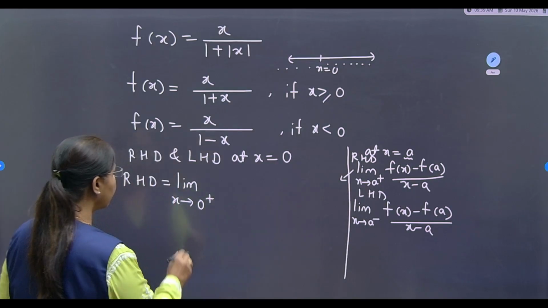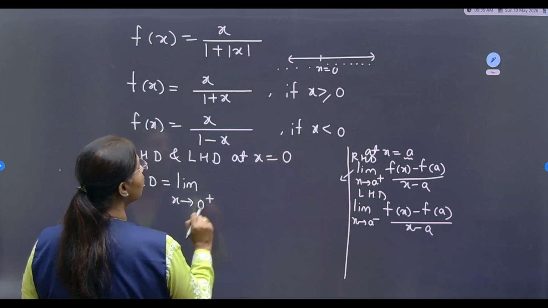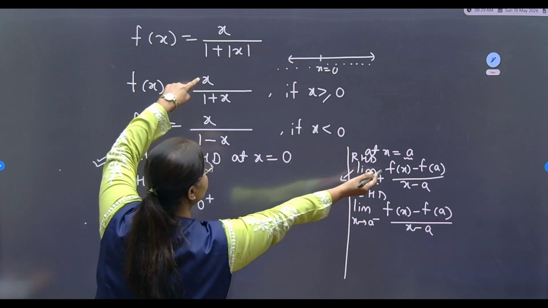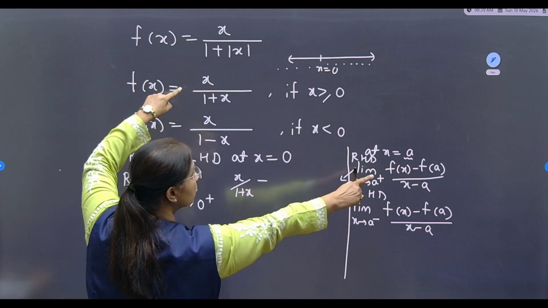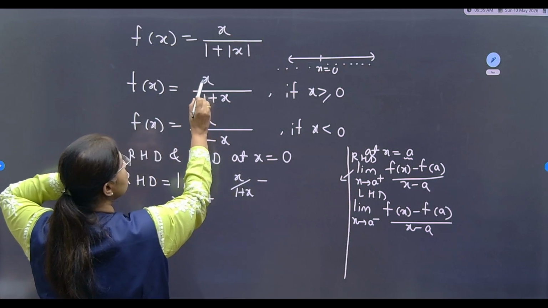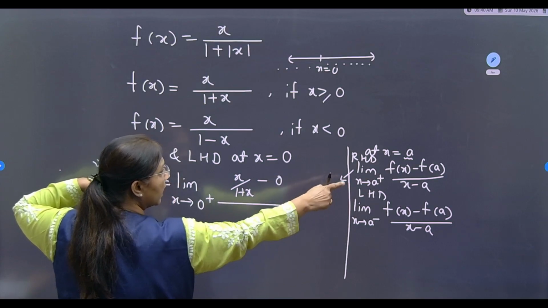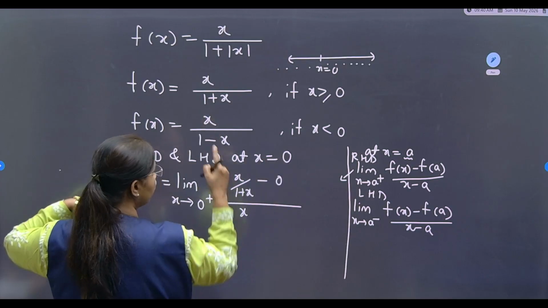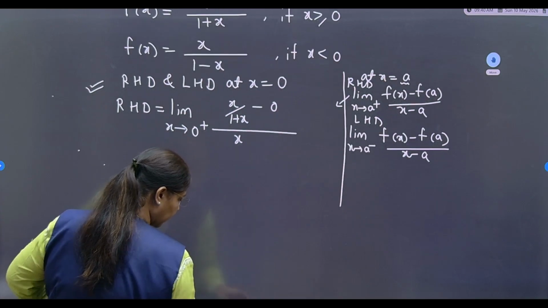Then using that, we get limit x tends to 0 plus, where f of x is equal to x upon 1 plus x, minus f of 0. Here a is equal to 0, and using x equals 0, f of 0 is 0 upon anything, 0. Upon x minus a, here a is 0, so we get x minus 0, that is x.